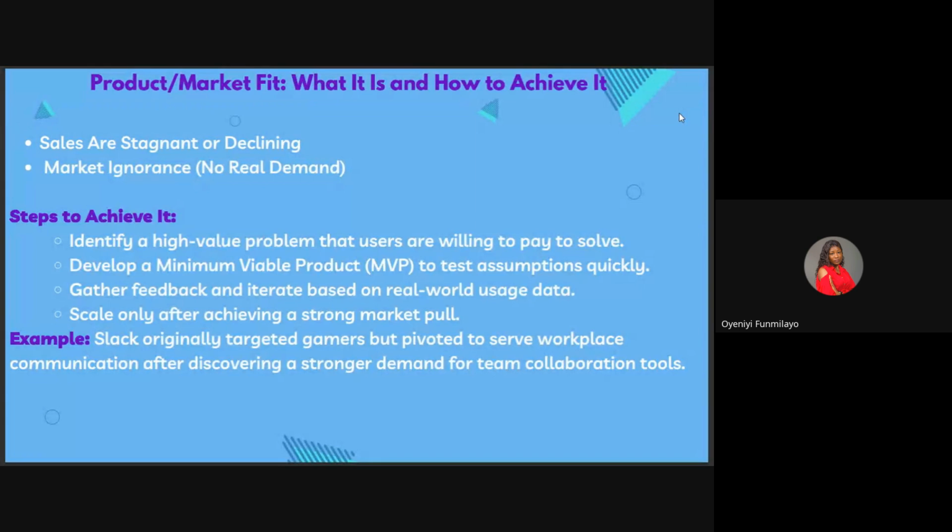So you need to learn how to develop a minimum viable product to test assumptions quickly. Piggyverse, before Piggyverse went this big, the only thing they were doing is just come and save your money. There was nothing like investment. There was nothing like target savings. It was only piggy bank that they were using.